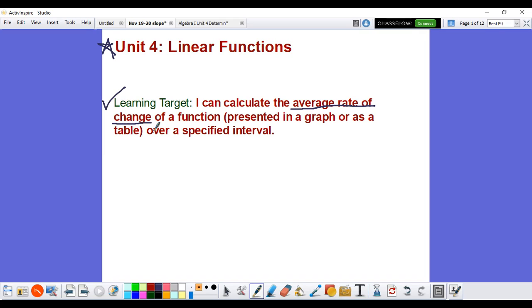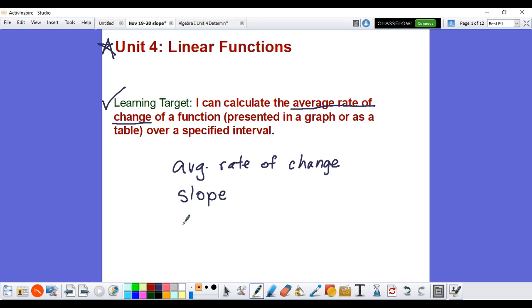So you may have heard of average rate of change before. Perhaps you have called it this before. So you should have studied slope before algebra.